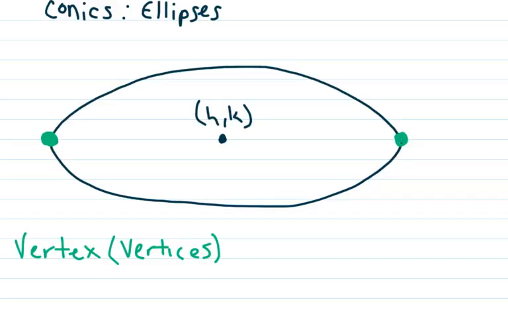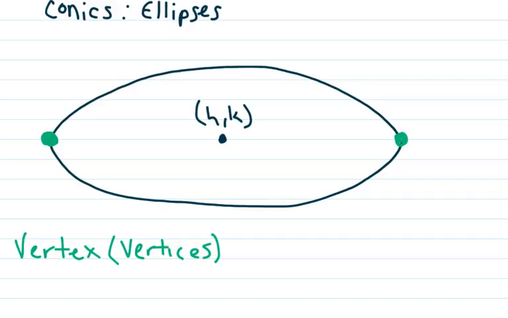Now, our vertices are always going to be along our major axis, okay? So we have two axes here. We have a major one, which dictates what kind of shape it's going to be. For example, the major axis for this one is horizontal. If I had switched it and put my two green dots at the top and bottom, now my major axis is vertical. Okay?